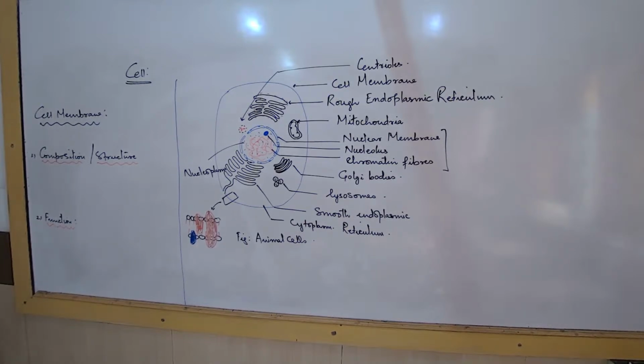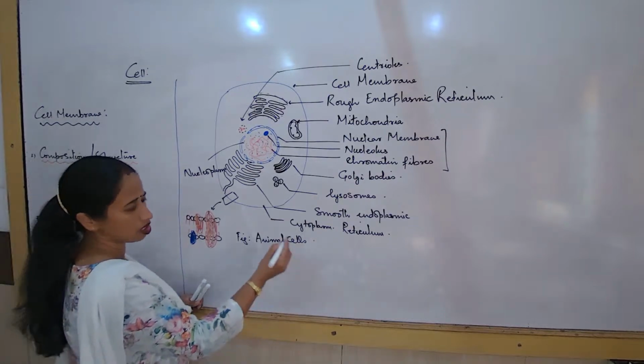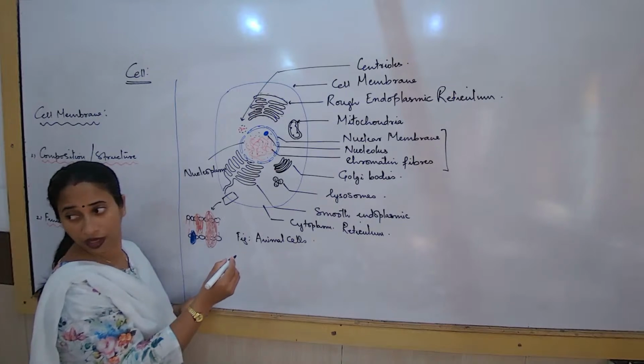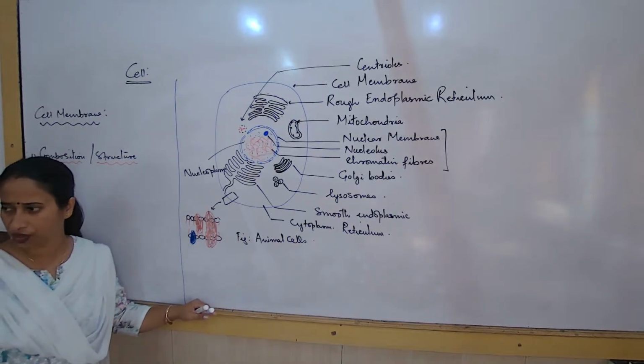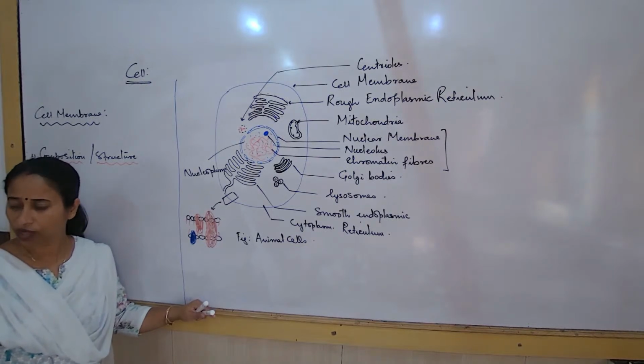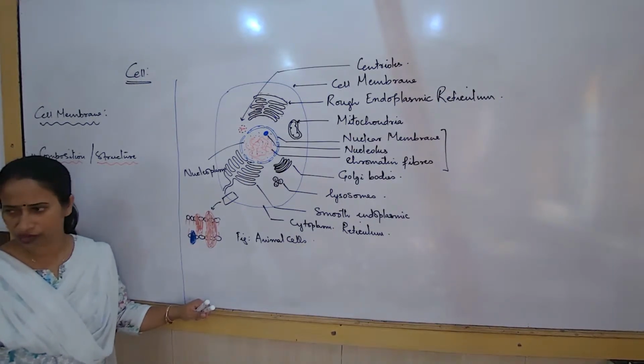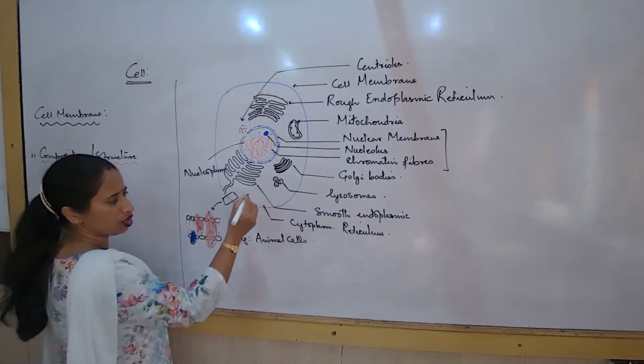Vacuoles in a plant cell are big, but in an animal cell, vacuoles are small and spread over the cell. Vacuoles in an animal cell, if you don't draw, that is also okay. If you want to draw, it's optional.